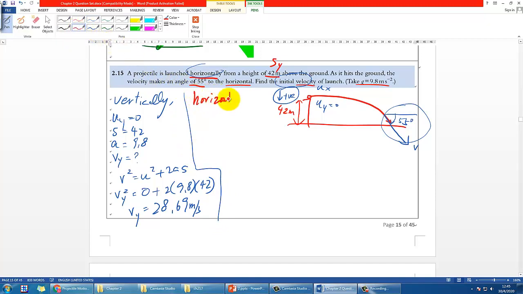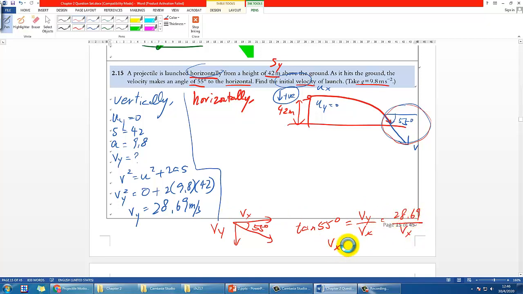Okay, and then we have to do it for horizontal also. So horizontally we have Ux to be unknown, and actually we should take a look at this first. So we have 55 degrees where Vx and Vy make 55 degrees like this, so tangent 55 degrees equals Vy over Vx, and since we know Vy is actually 28.69, then we can find Vx.